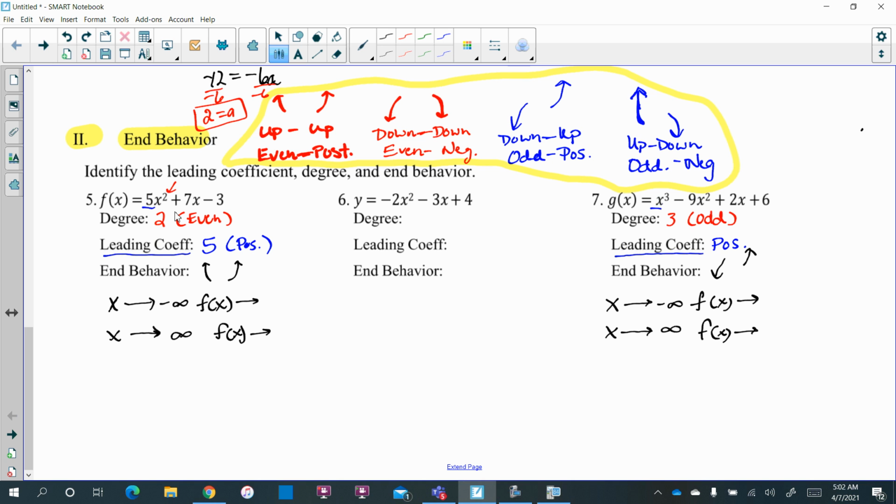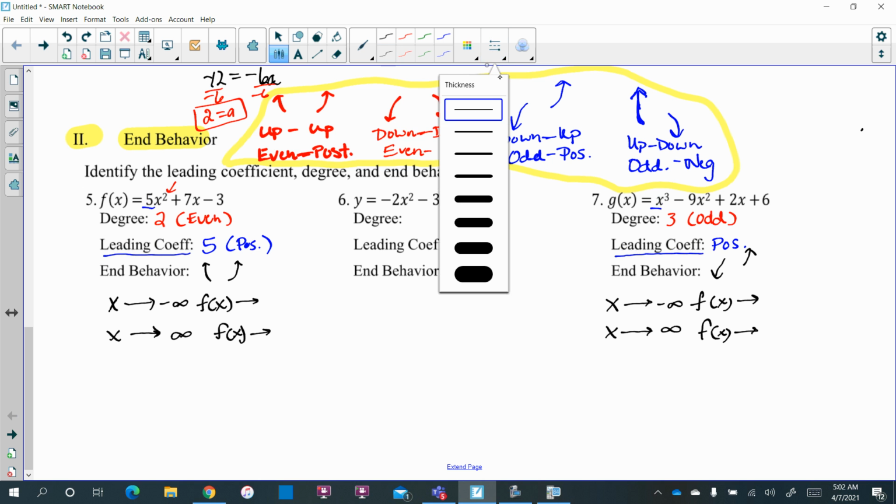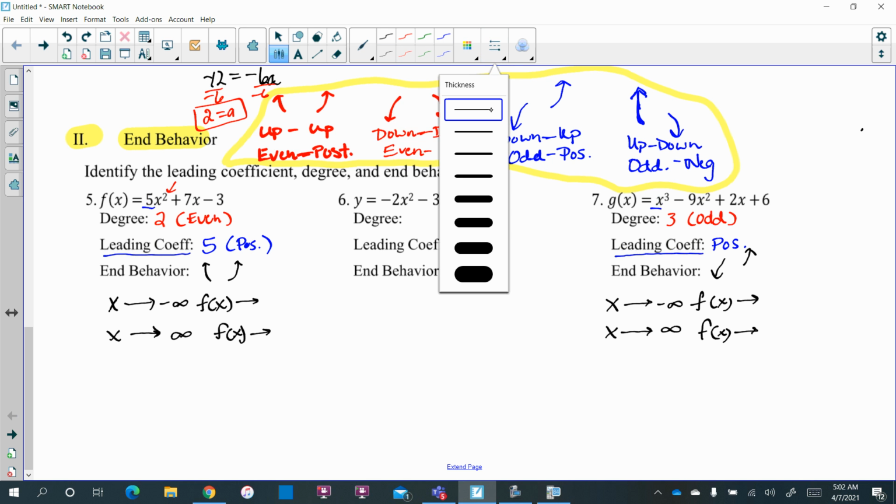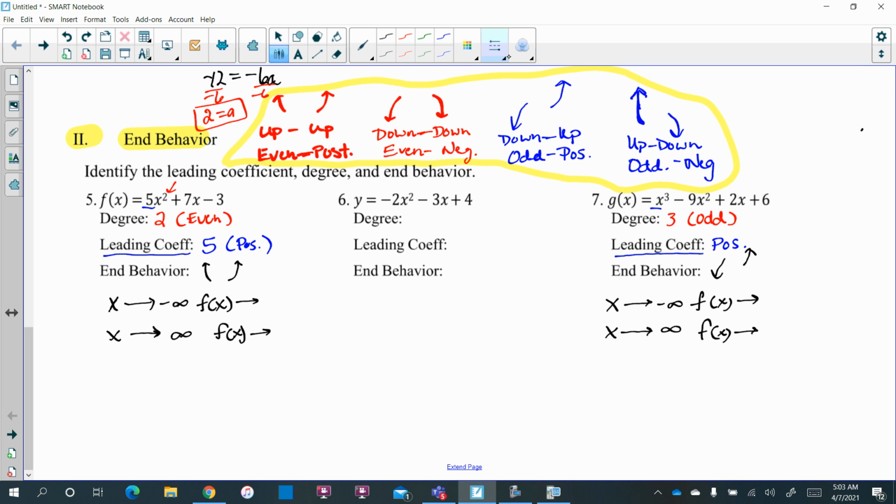The other part is you do need to be able to write out the end behavior as an expression. So we have here the degree is related to your exponent. The exponent is 2, so that's even. And the leading coefficient is 5, and it's positive. Now this is what you have to really be able to interpret, because I know I have an even positive, which is an up, up.